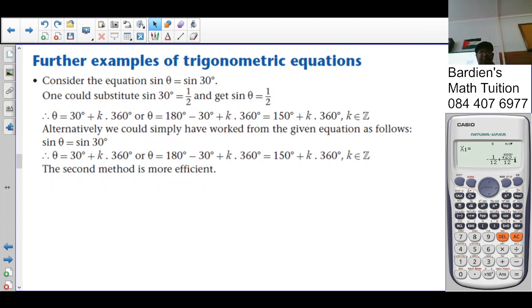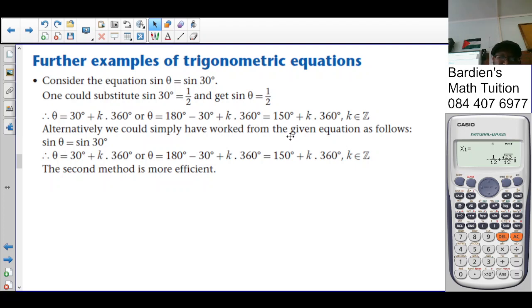So at this point on page 247, they give you a scenario, or an equation. Consider the equation sine of theta is equal to sine of 30 degrees. We know that sine of 30 is a half, and get sine of theta is equal to half.